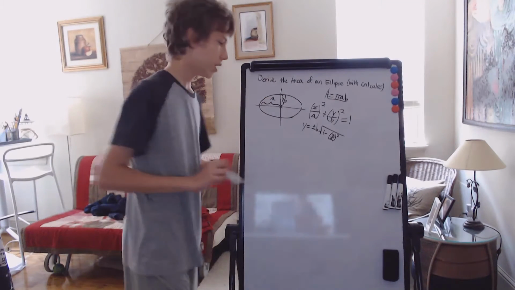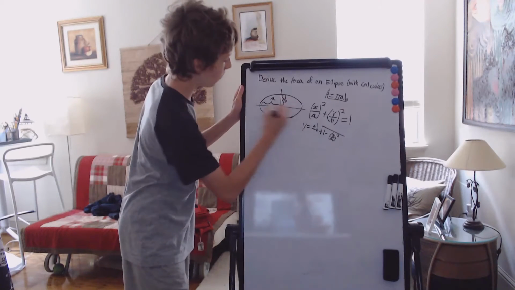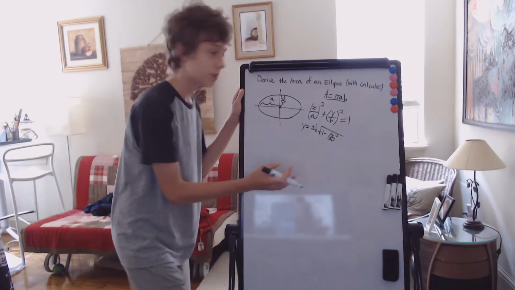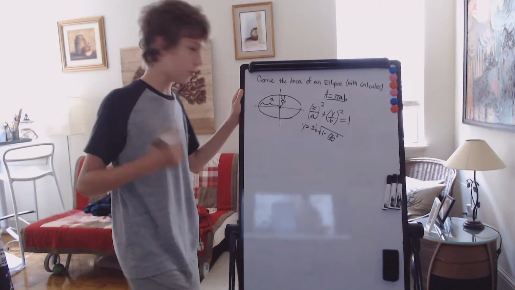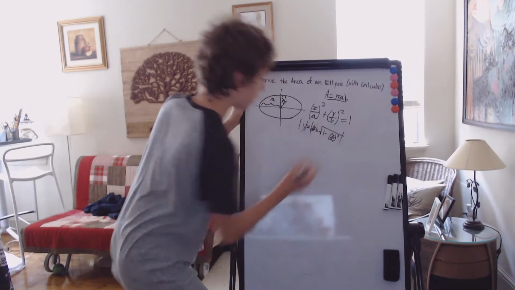Okay? So this is our general form, but when we integrate this, we don't want these things to cancel out, right? So we can just consider the upper half, which is just the positive part, and then multiply that by 2. If we take the absolute value of both sides, this negative goes away.